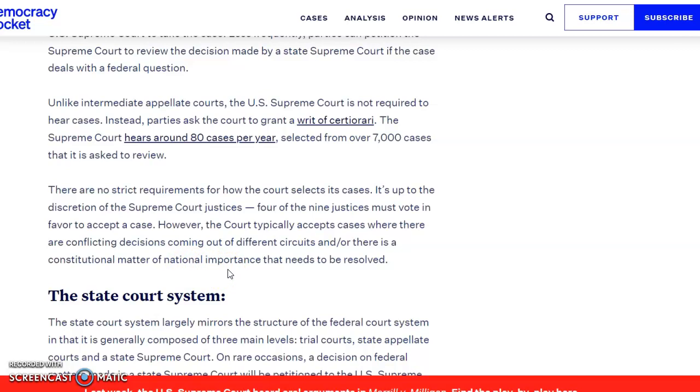the constitutional matter of national importance is going to be significantly influenced by the political stance of at least 4 judges on the United States Supreme Court.